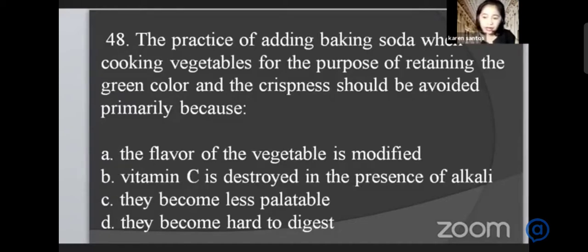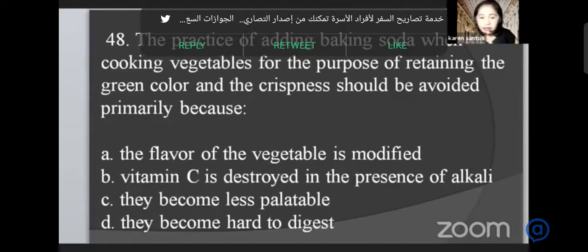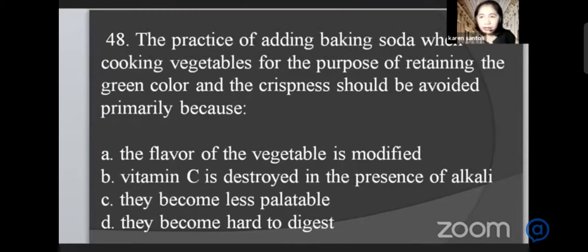So it can destroy the vitamins such as the thiamine content and also cause the loss of vitamin C. So instead, to retain the green color, you can shorten the cooking time, or choose another cooking method that preserves the color and also retains the vitamins, like for example steaming, di ba? Hindi nababawasan yung crispiness and vitamins that are present in vegetables.